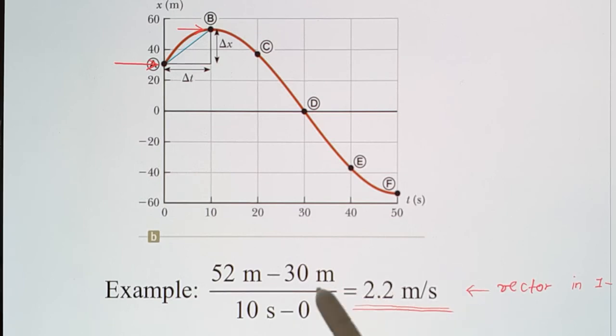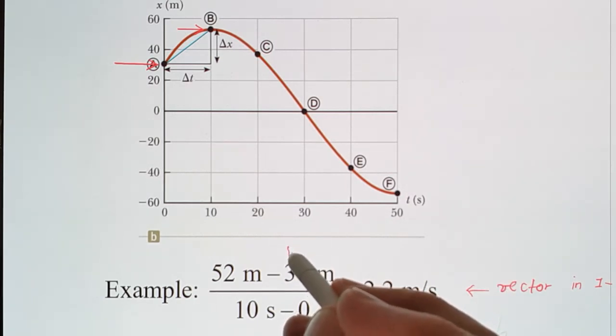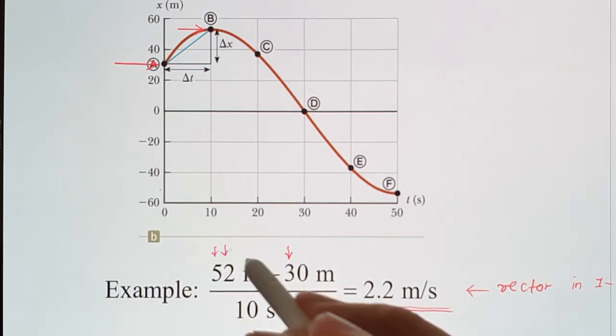Notice, if you need to apply the significant figures here, what's 52 minus 30? Here, this is one significant digit and this is two significant digits.